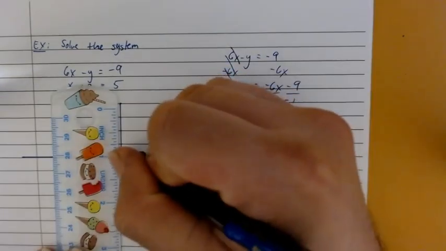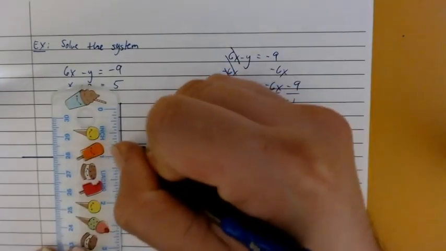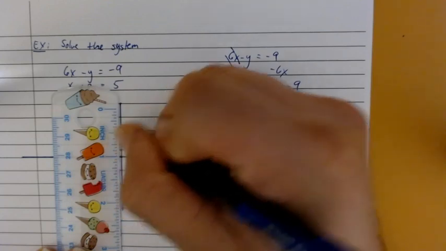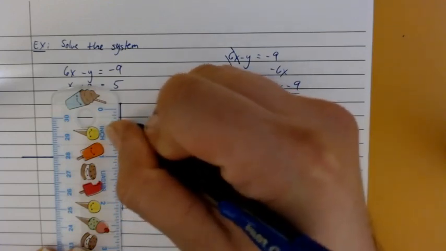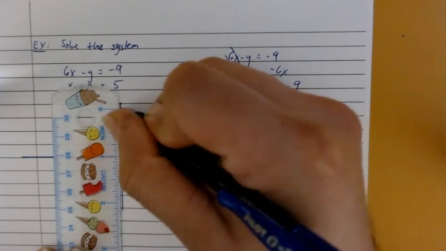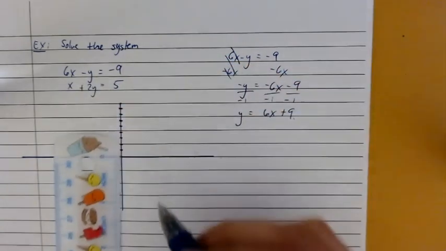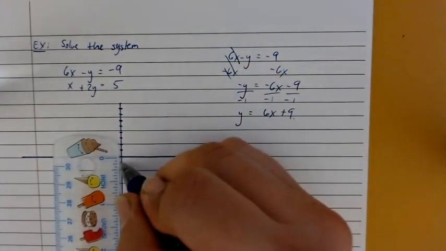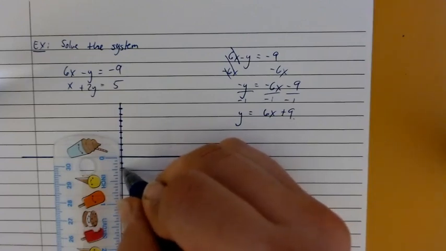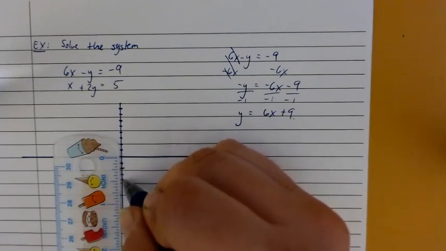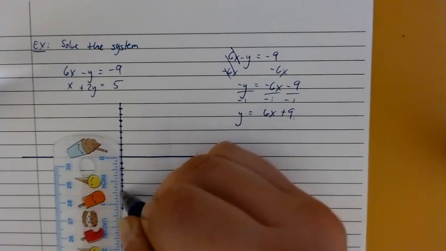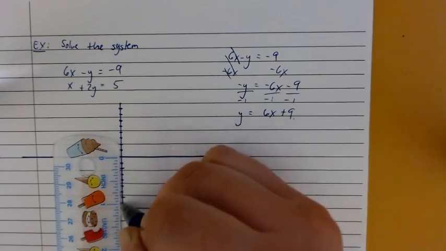So 1, 2, 3, 4, 5, 6, 7, 8. Okay? And then down this way, I'll do the same thing, every 8th. So 1, 2, 3, 4, 5, 6, 7, 8.